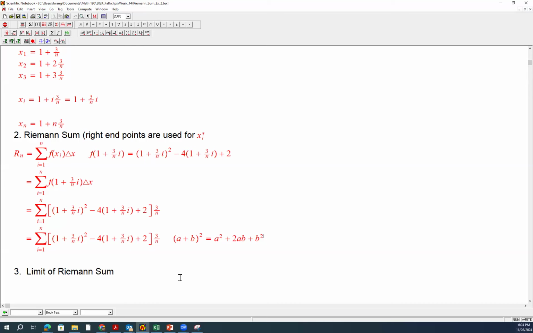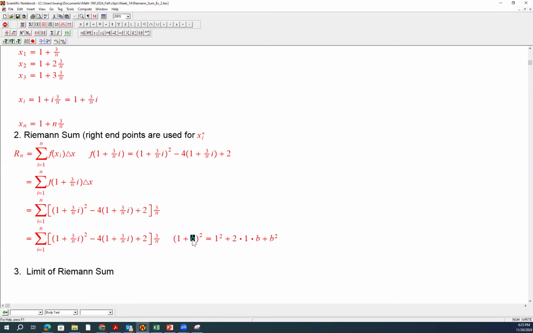So our a is 1, b is 3 over n multiplied by i. So this is the a plus b squared. A is 1, so everywhere a will be replaced by 1. B is this piece, 3 over n times i.